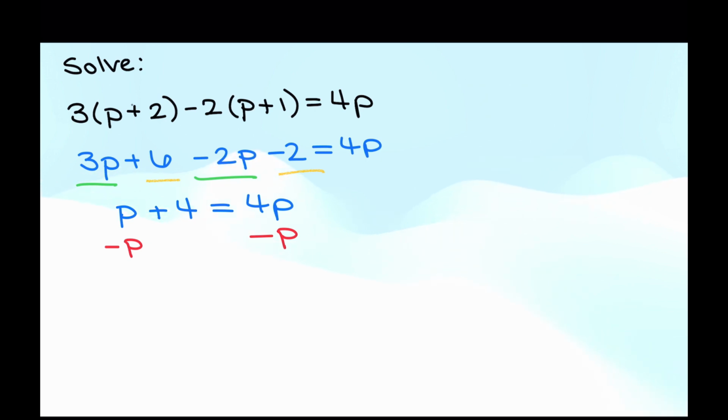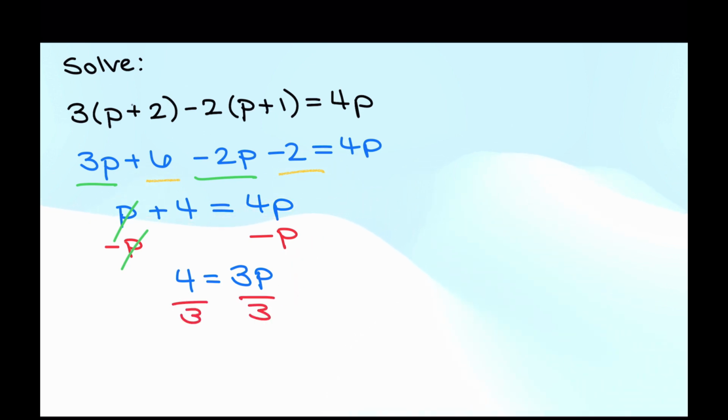And in this case, I noticed that I already have just a constant on the left side, so maybe we should get rid of the p on the left and put all the variables on the right side. So I have a 1p on the left. I'm going to subtract 1p from both sides. So now I just have 4 on the left. 4p minus 1p is 3p.